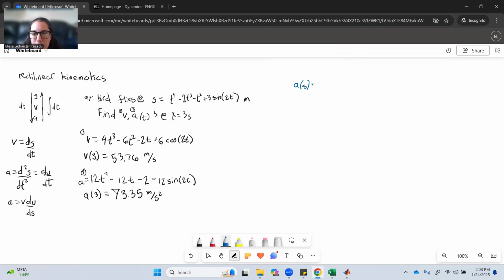Acceleration as a function of position. So say we're given a of s instead of a of t, and that equals 100 e to the negative 0.3 s, not t, s. And initial velocity equals 0.